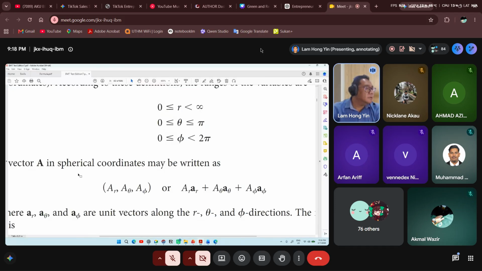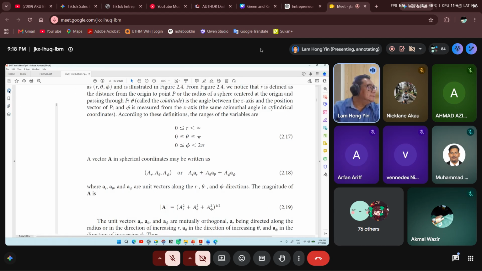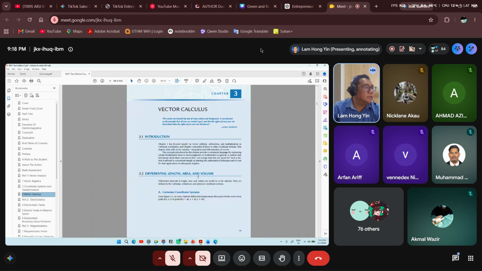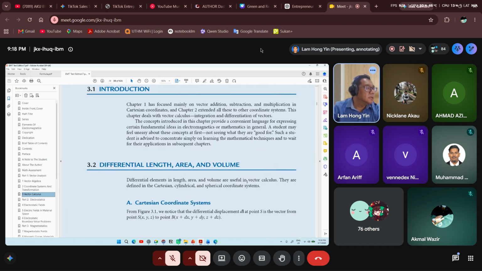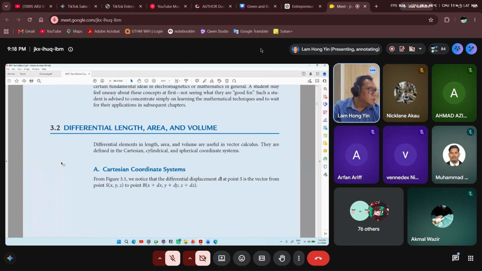Okay, let's take a look here. For vector calculus, when we talk about the Cartesian coordinate system, look here.